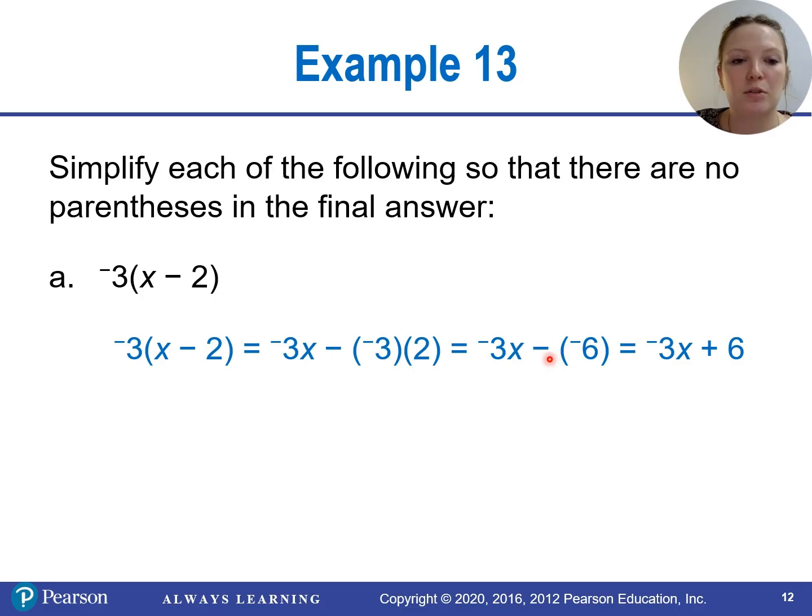That's -3x, and then I multiply -3 and +2 together to get -6. And I'm left with -3x plus 6, because when I subtract a negative value, I am adding the positive of that value. So -3x plus 6 is our final result.